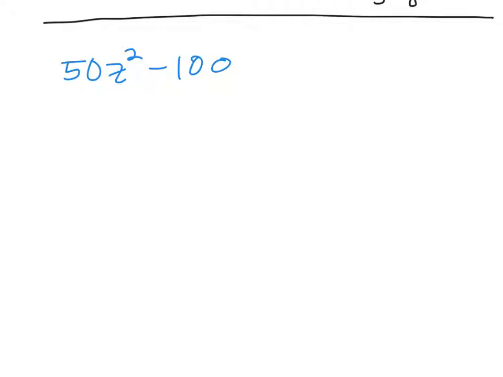But what we want to do before we check difference of squares is look for a common factor first. And in 50 and 100, they have a common factor of 50. So we can factor a 50 out. 50 factored out of 50z squared leaves z squared. 50 factored out of 100, let's see, 100 divided by 50 would be 2.